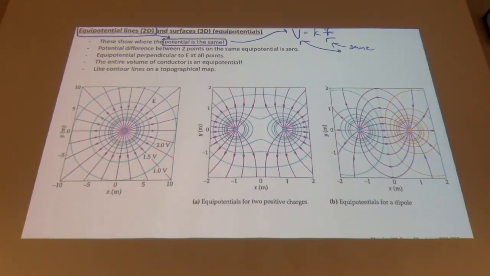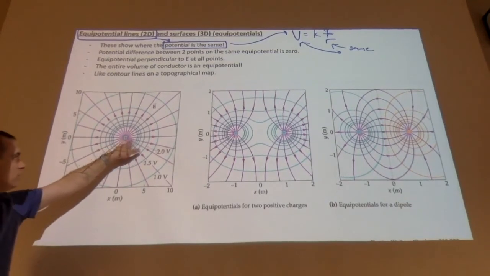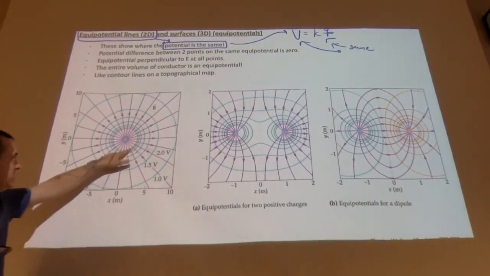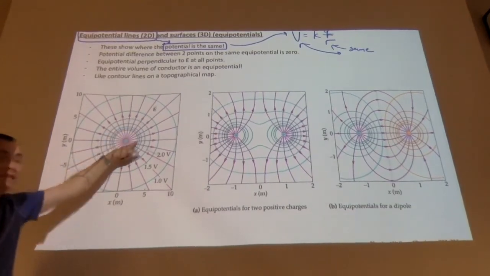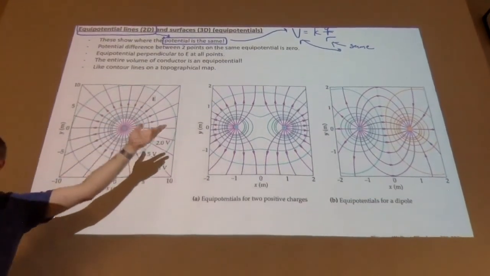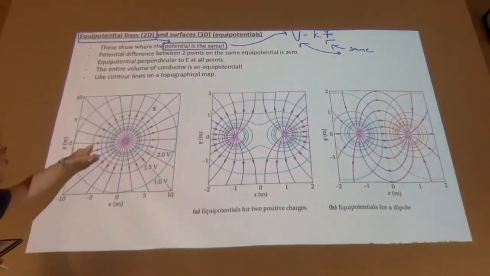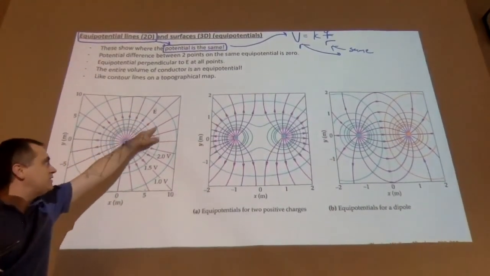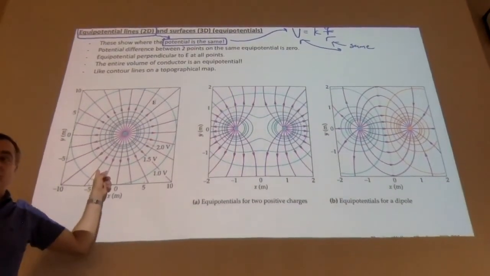So that's what these lines are trying to show. Notice they're circles. If I'm around a positive charge, and I go out to some distance and go in any direction that distance away, this equation is going to give me the exact same answer for the electric potential. Or I can go to some other distance away, and everywhere on that circle, I'm the same distance r away from the charge, so I get the same value for the potential.